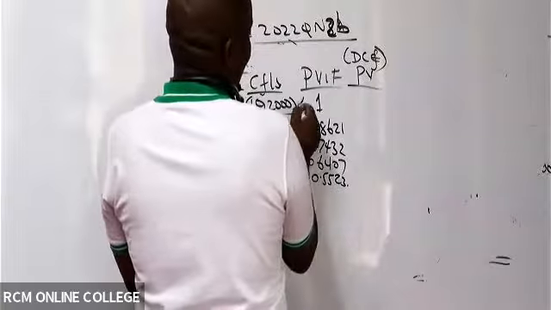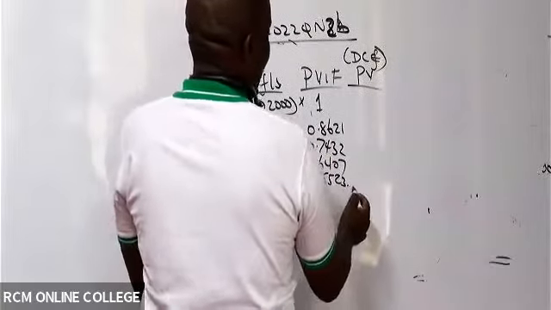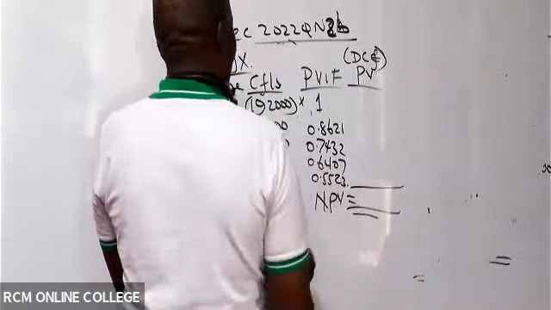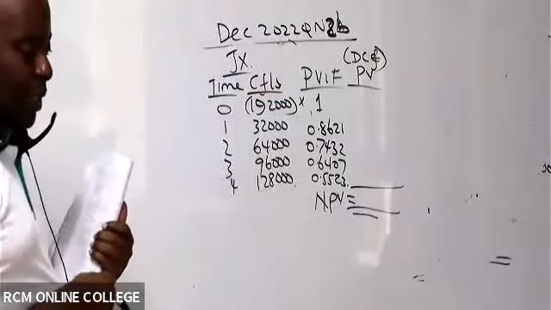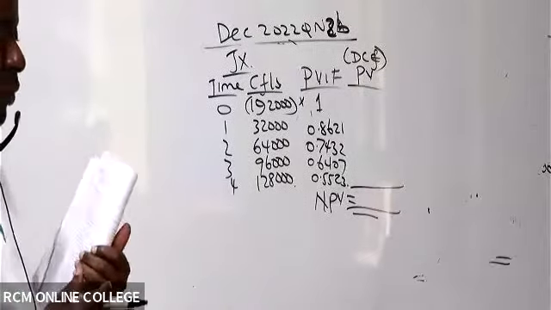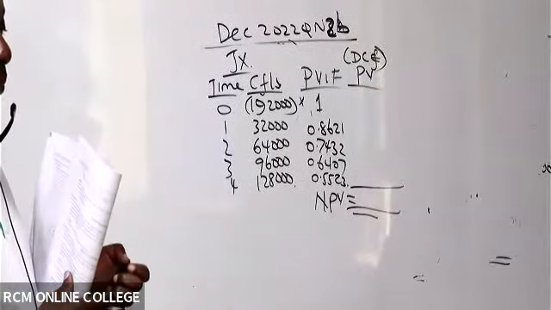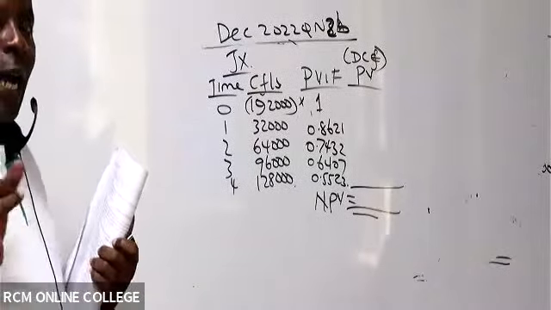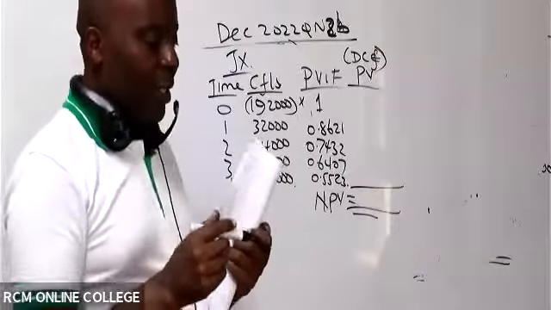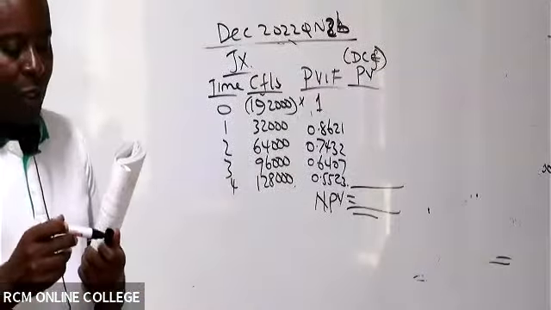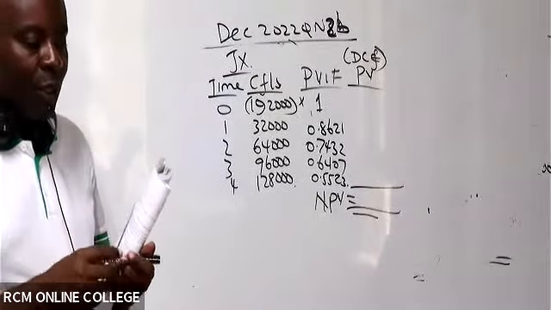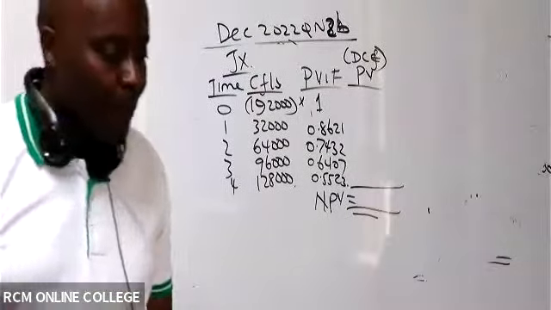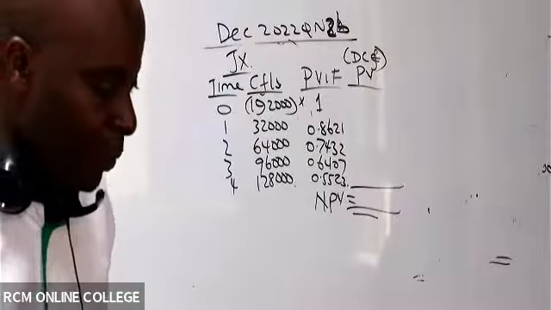Please do the multiplications, and I will be interested in the net present value. Add everything. Remember, if the NPV, the first one, was negative, we say that the project is not viable.